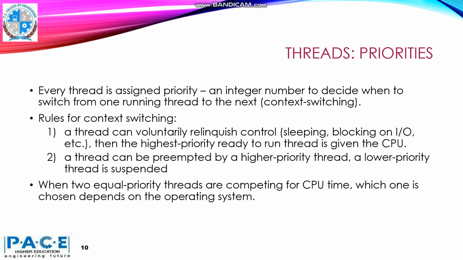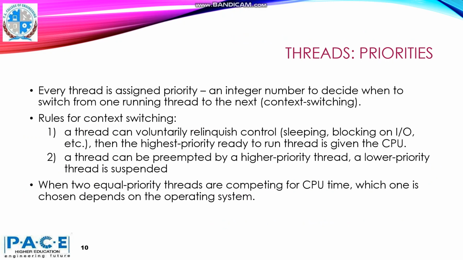Now we'll see what is thread priority. Since multiple threads compete for the CPU time, every thread is assigned a priority, an integer number, to decide when to switch from one running thread to the next thread, called context switching. There are certain rules for context switching.